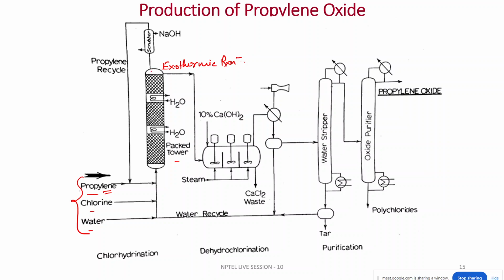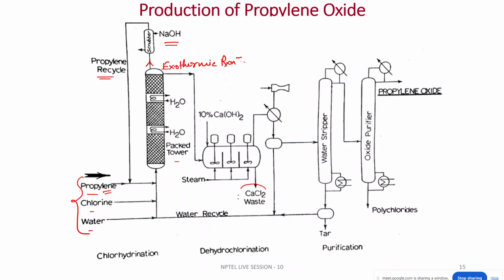From the top product, it will be NaOH scrubbed and after that the propylene can be recycled back to the feed point. The other product, the main product, will be taken to the caustic wash, where the unreacted propylene will be scrubbed out.